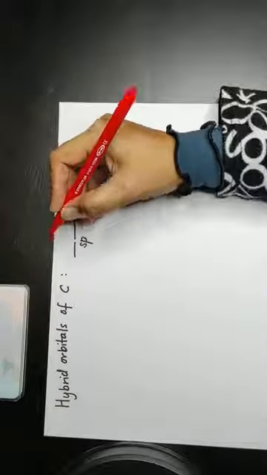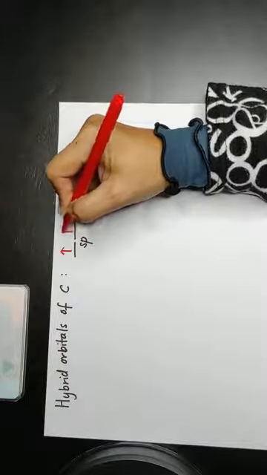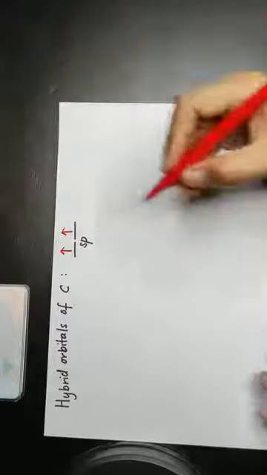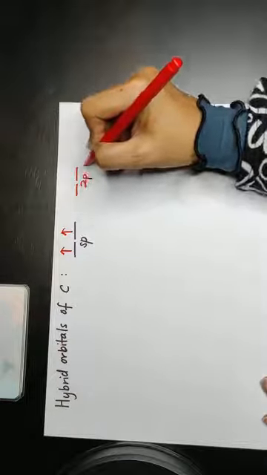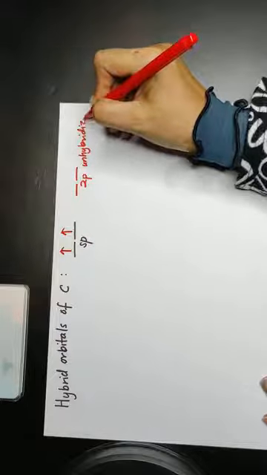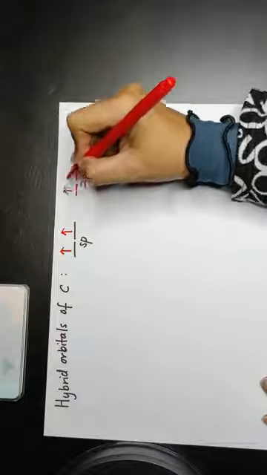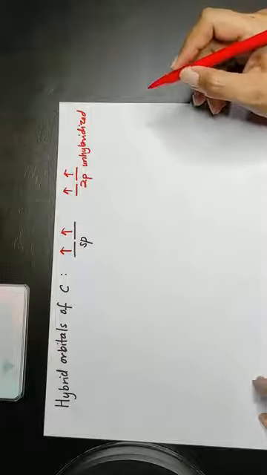Okay, so in the sp hybrid orbitals of each carbon atom, each contains 1 unpaired electron, and there are 2 unhybridized 2p orbitals which contain 2 unpaired electrons.